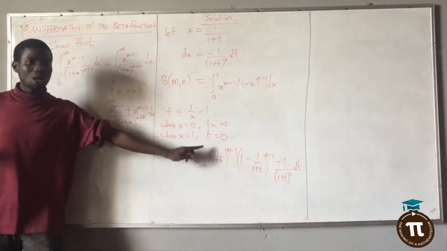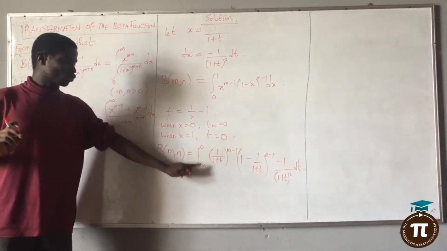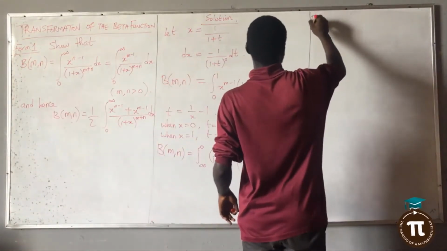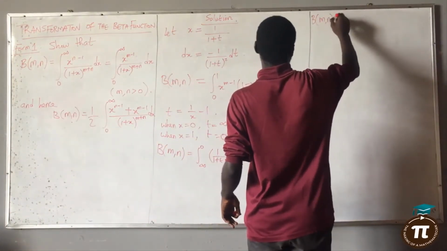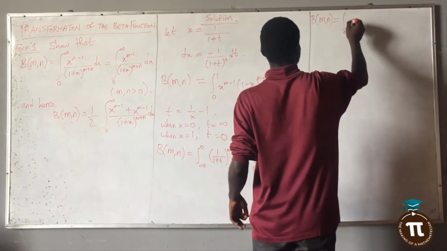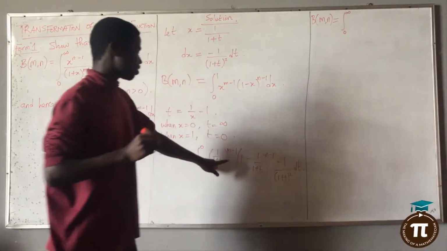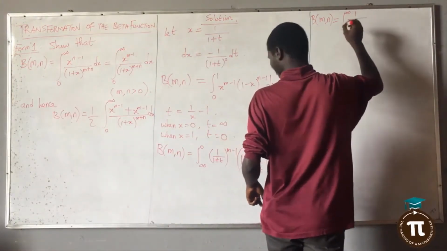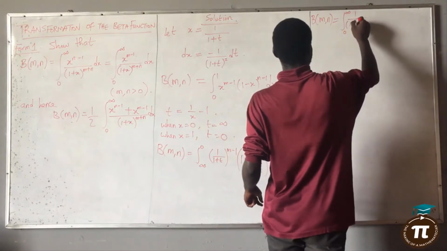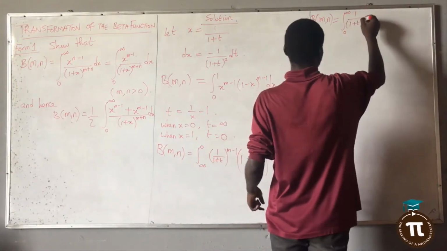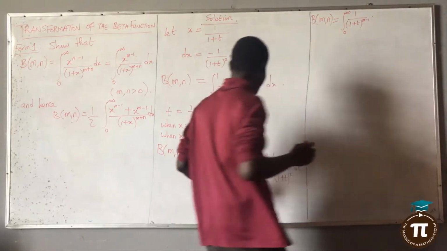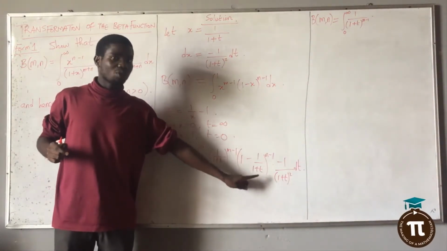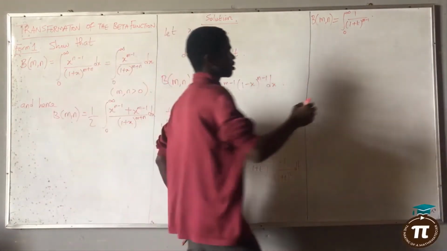The next thing is, I will swap the integral limits. When I swap the limits, I take away this negative. So beta of m comma n will be the integral from 0 to infinity of 1 over 1 plus t raised to the power of m minus 1 multiplied by, if we evaluate what is inside here, this will give you 1 plus t minus 1 all over 1 plus t, which is t over 1 plus t.